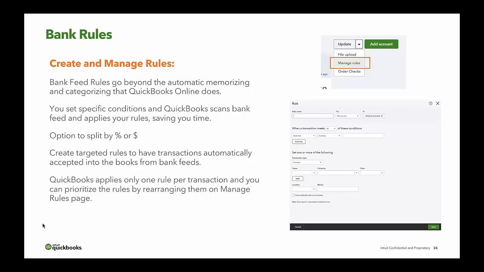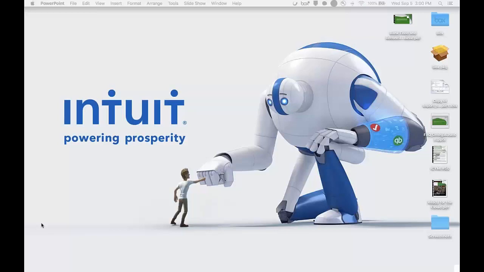Maybe you've got a client that has very consistent same transactions all the time. Maybe they're using vendors where there's one thing that comes in and they're like, wow, if we set some conditions around it, there's nothing else that this could be. You only apply one rule per transaction, and you can prioritize the rules in this bank rules window.